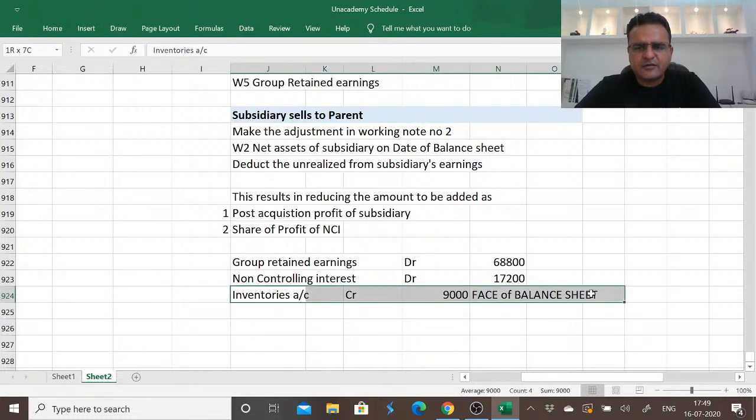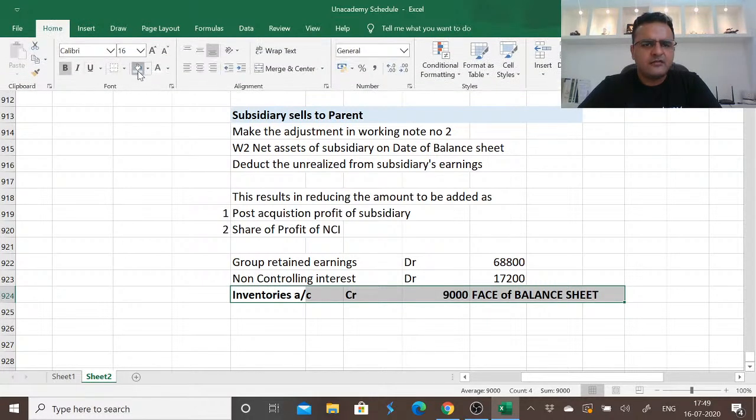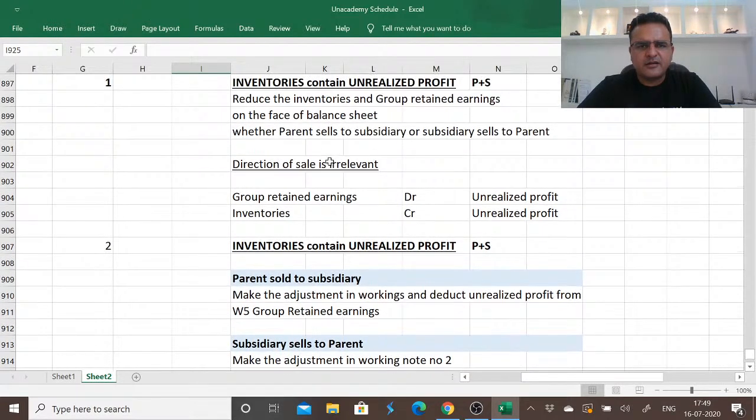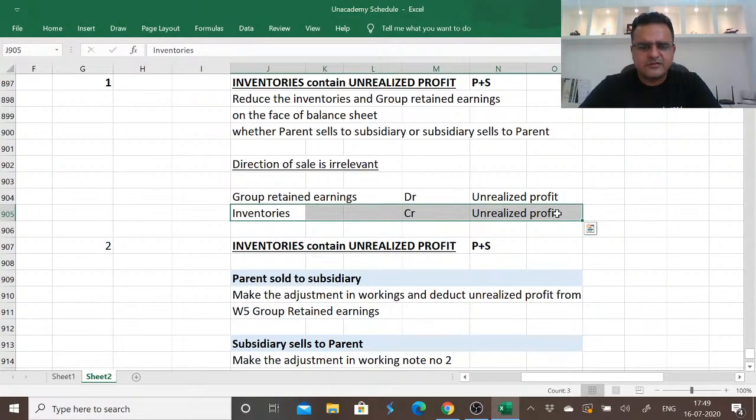Inventories in both the cases will be adjusted on the face of the balance sheet.